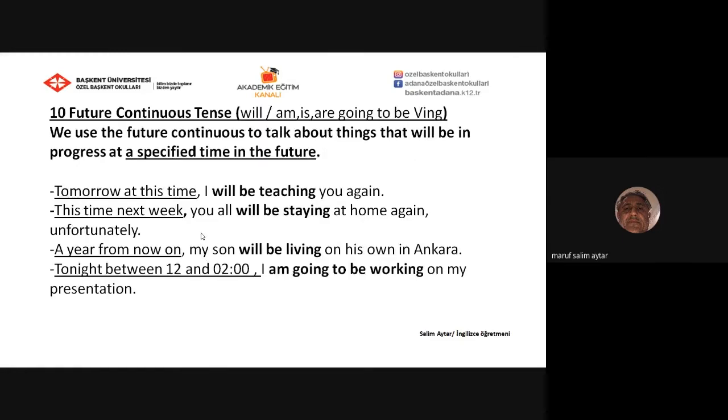People, now it is time for future tenses. When do we use future continuous tense? Okay, will be verb ing or is are going to be verb ing. We use it to talk about things that will be in progress, that will be continuing at a given time in the future.